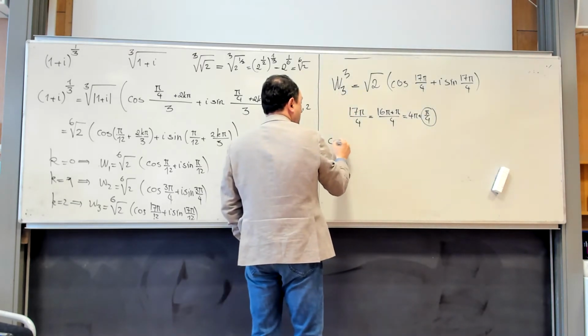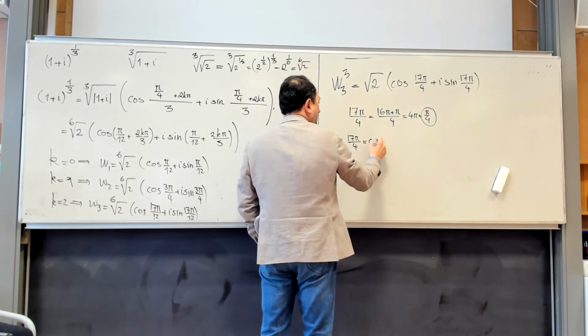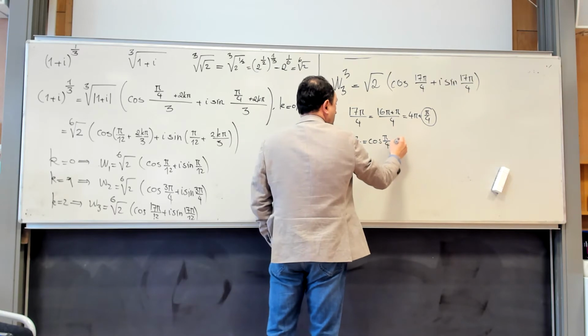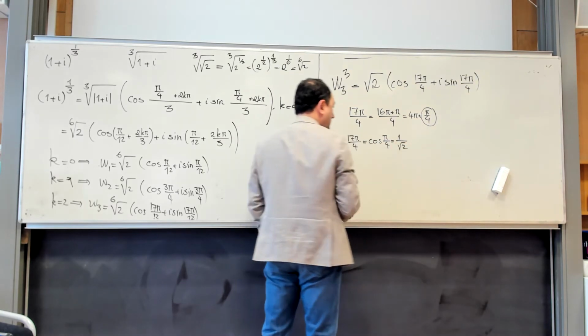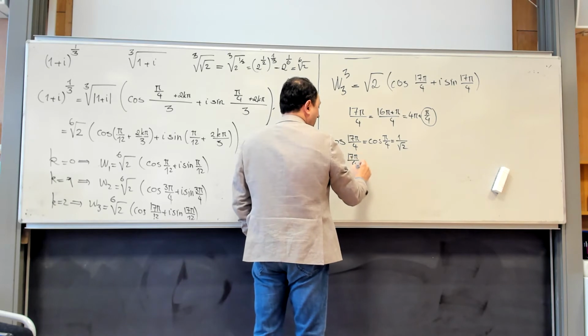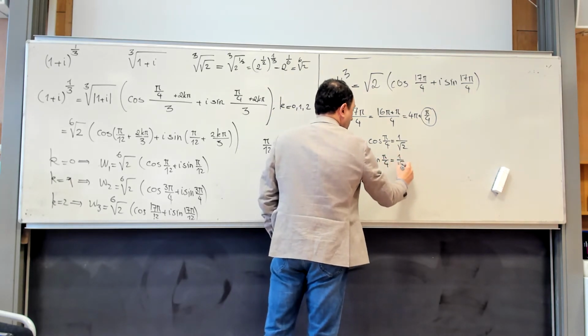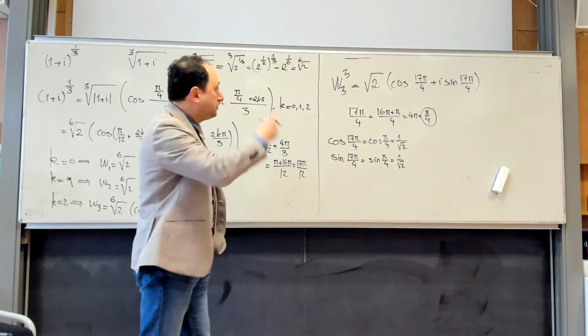So what can I say? I can say that the cosine of 17 pi over 4 is equal to cosine pi over 4, which is 1 over a square root of 2. And the sine of this angle is also the sine of pi over 4, which is also 1 over a square root of 2. Then I plug this back there.